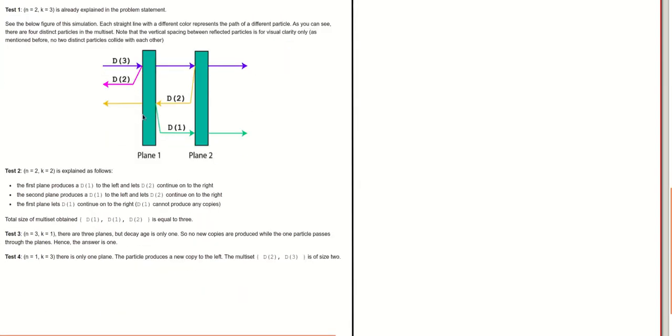So this is the figure. There are two planes, and initially a particle of decay age 3 is shot from here by the person towards the right. Firstly the particle will strike the first plane, and as stated in the problem, the particle can pass through easily. So this will be the trajectory of my first particle.